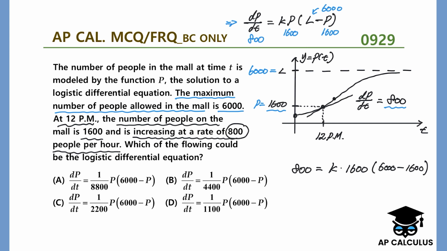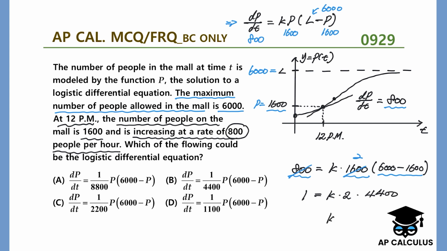Here we have 800 and 1600, so cancel this out and this becomes 2, right? 6,000 minus 1600, that's 4,800. So 1 equals k times 2 times 4,800. I'm sorry, that's 4,400.